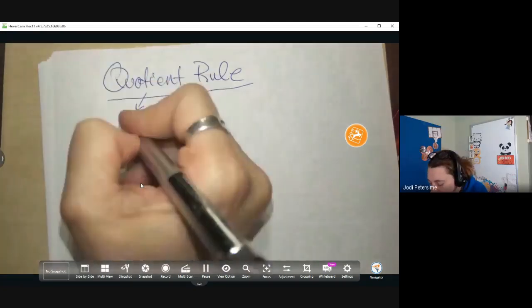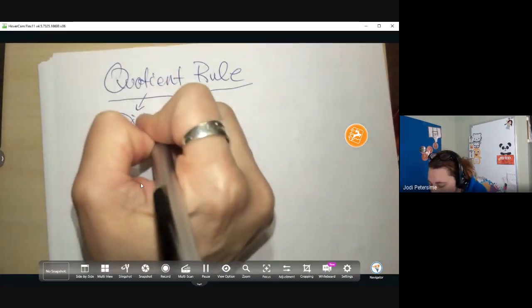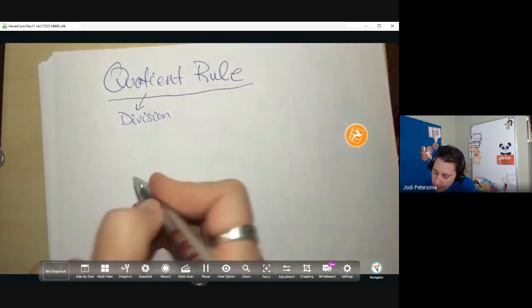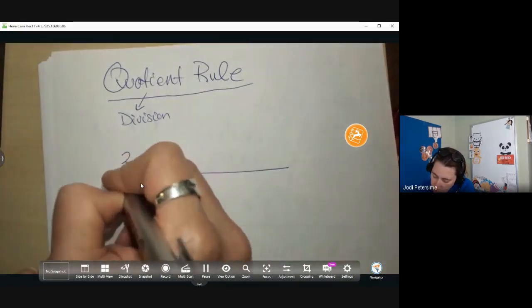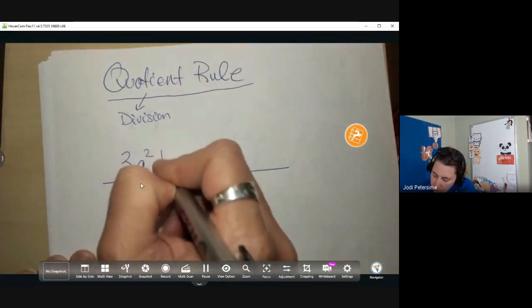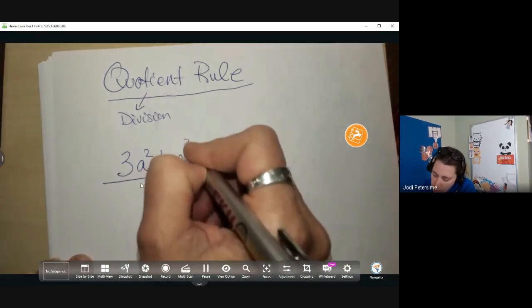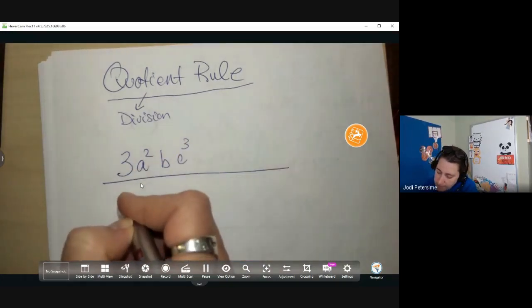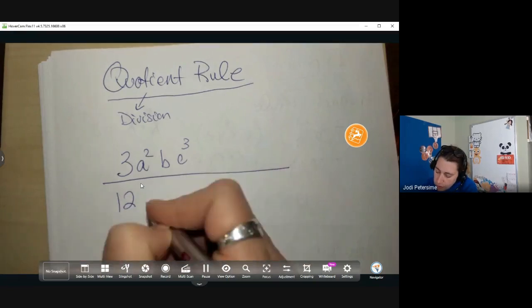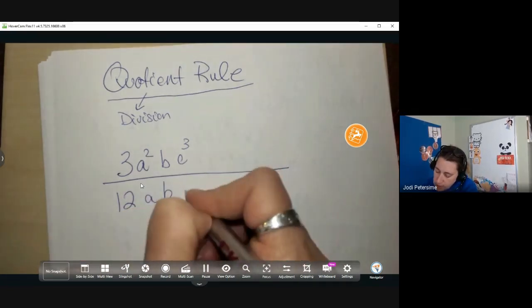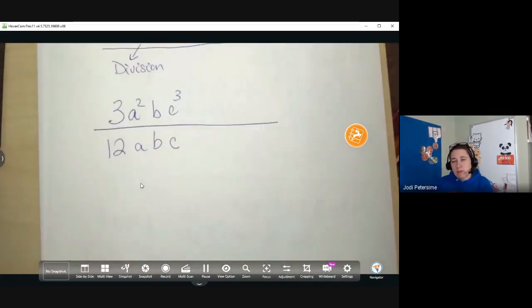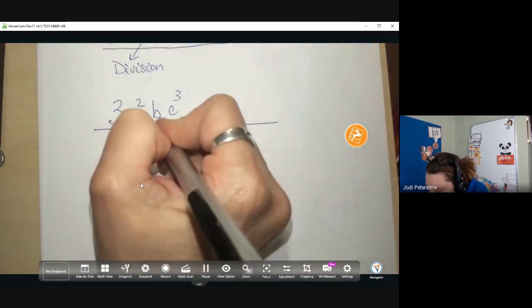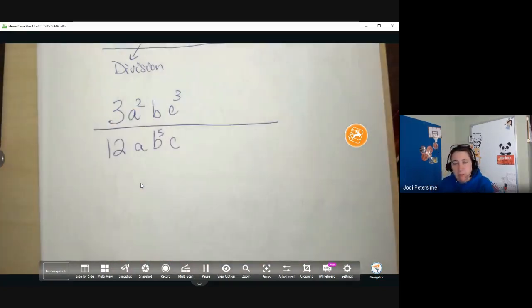Yeah, so we're going to be dividing. So if I have 3a squared b c to the third divided by 12a b c. Now let's make it b to the fifth in the bottom there.